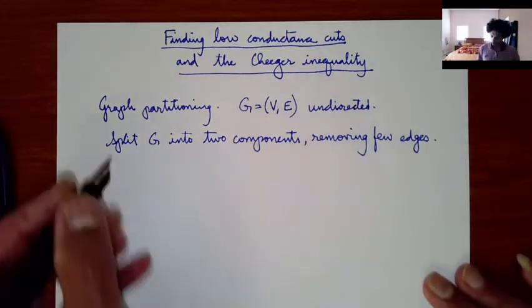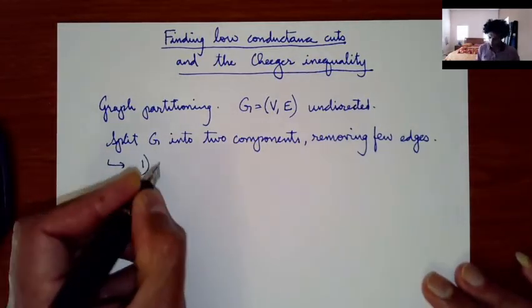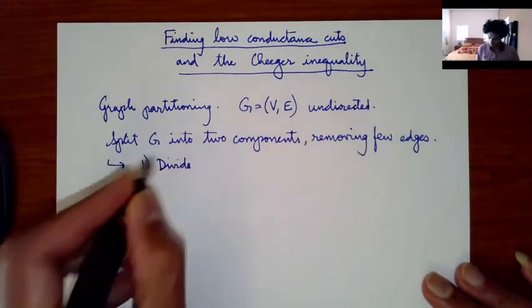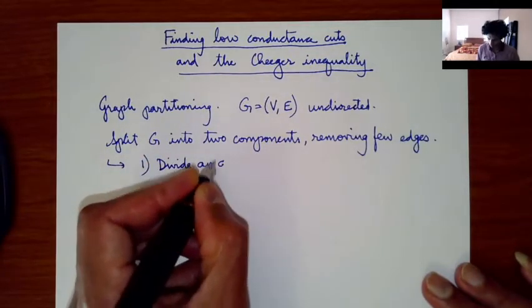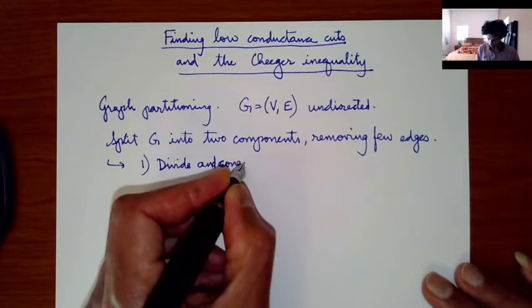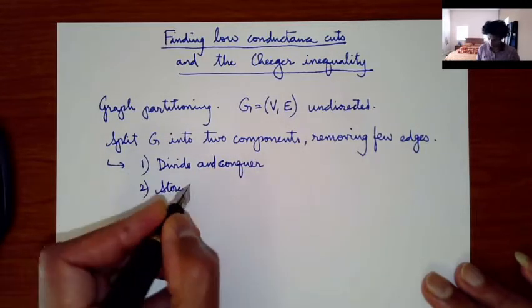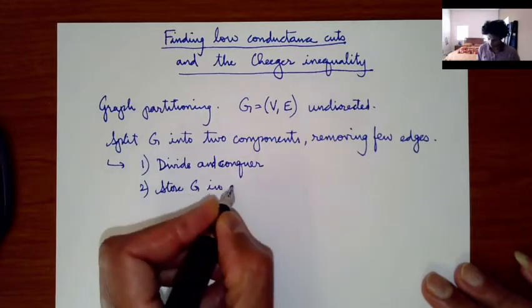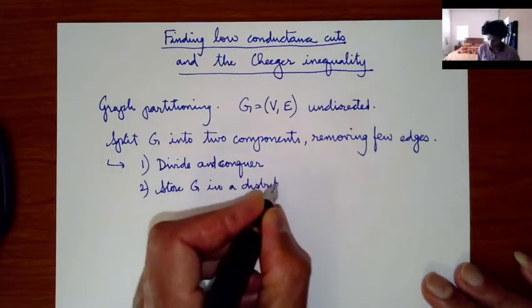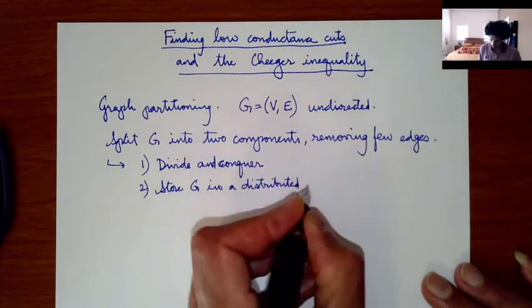So why would you want to do this? Well, there are many cases. One, you may want to do divide and conquer. You may want to store the graph in a distributed architecture.